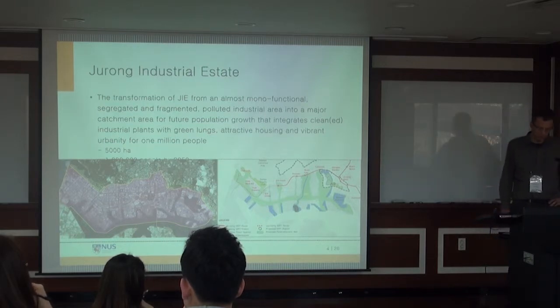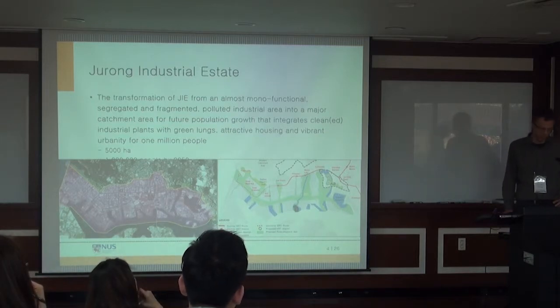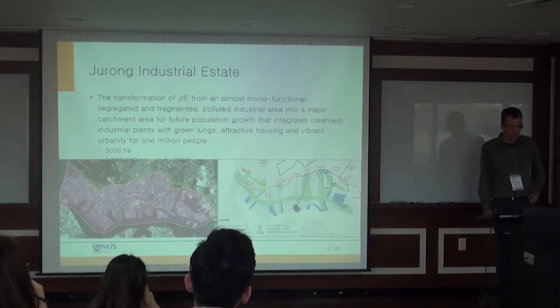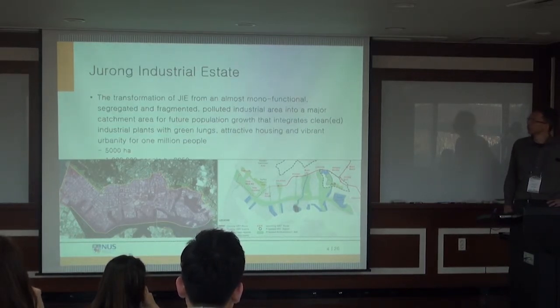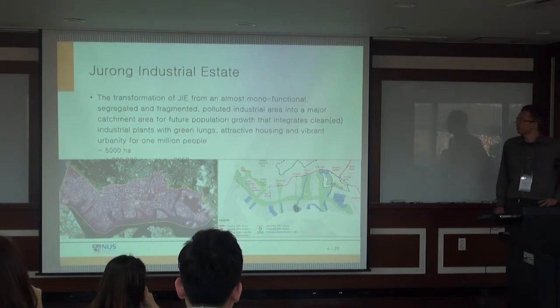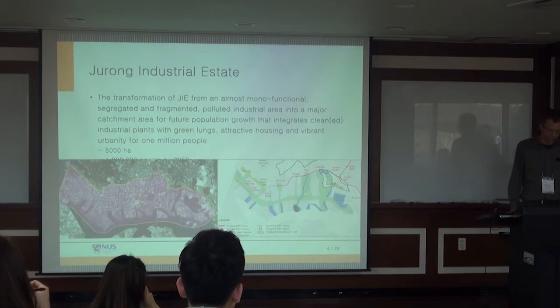And they want to, or the idea is to turn it into a major catchment area for future population growth. Of course it would have to be cleaned up, focusing on a different, focus of industrial plants, including green lungs, attractive housing, etc.